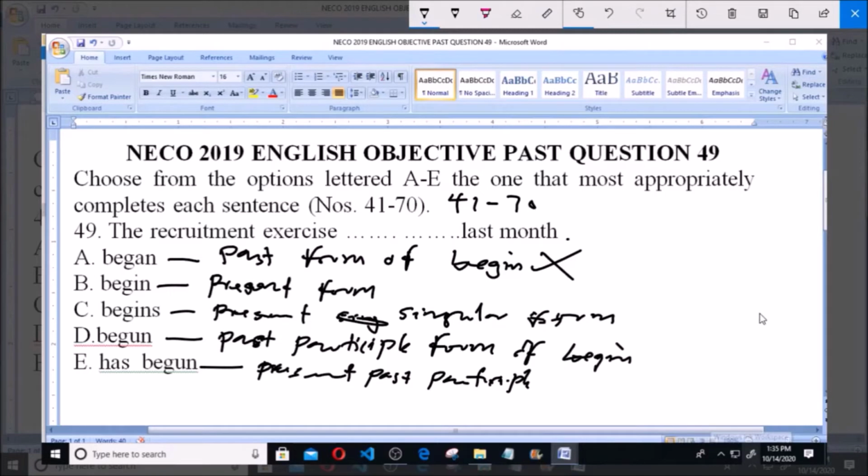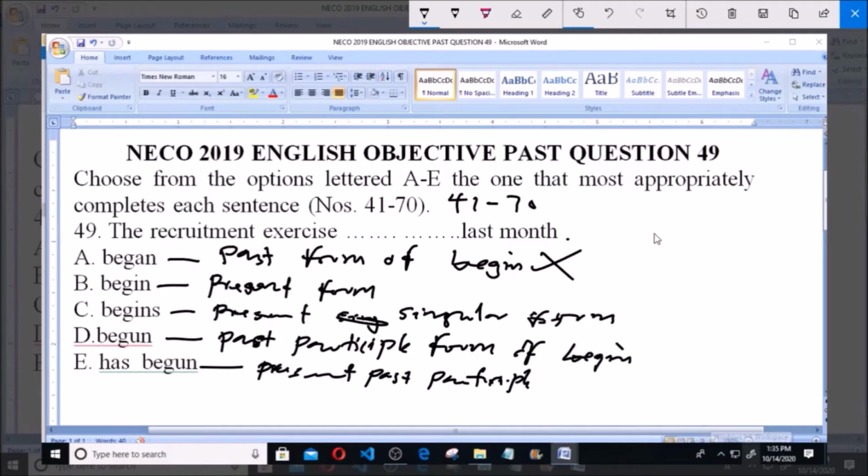Then we cannot say option B, the recruitment begin last month. The action has started, so the action of begin has commenced, so we cannot say begin again. So we cannot say the recruitment exercise begins last month, because begins is the present singular form of begin. Then the correct option here is begun.